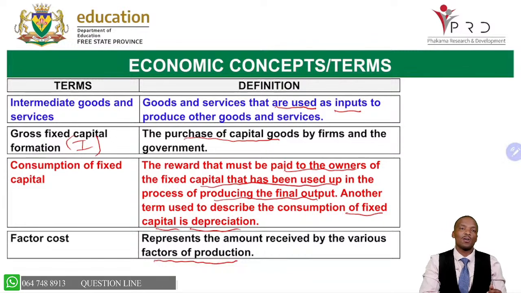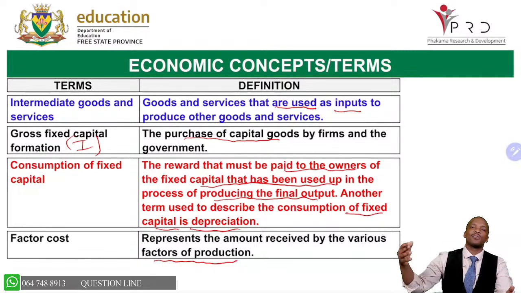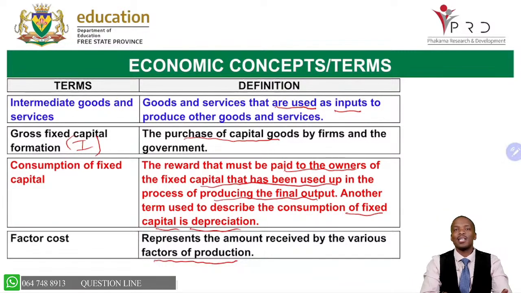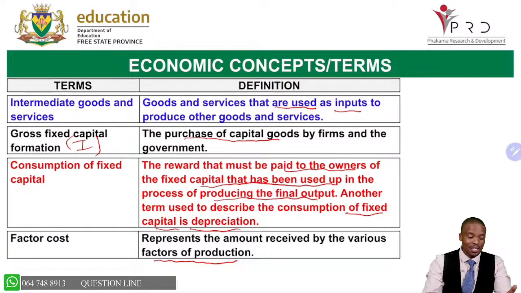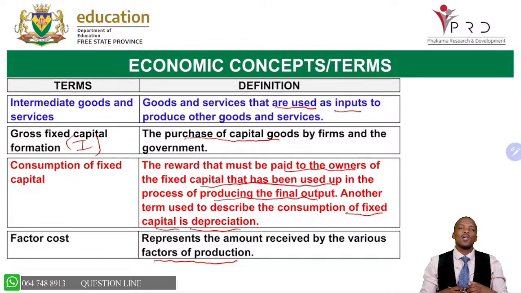Again, we repeat grade 12: these concepts will assist us, because if you look at all these concepts, they are part of the 3 methods of calculating GDP. So the examiner can pick any concept from the 3 methods of calculating GDP to say, briefly describe the concept gross fixed capital formation. If we don't read or break down these concepts, it will be difficult for us to get even these marks. Those are the given marks in economics.